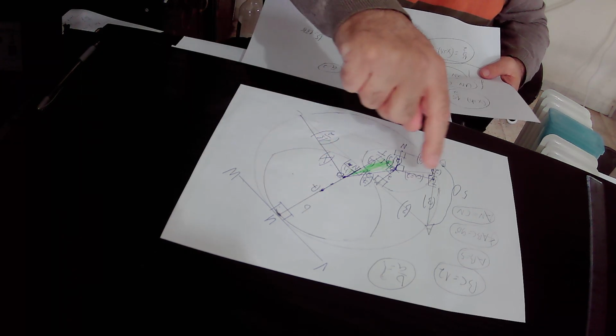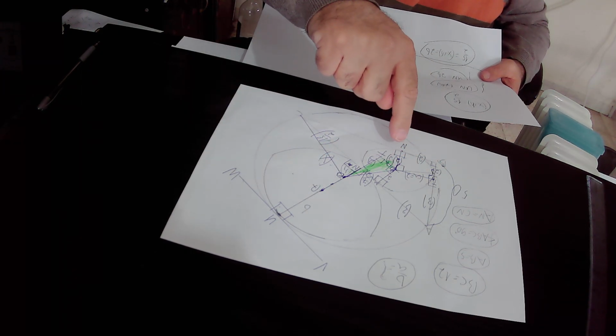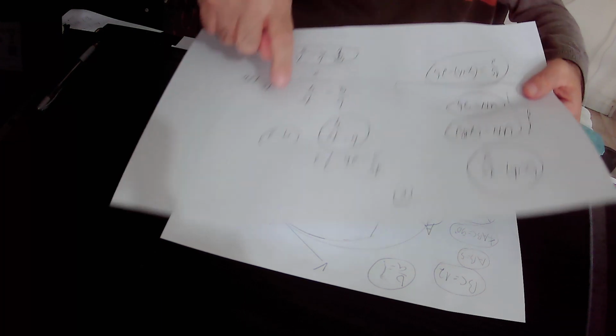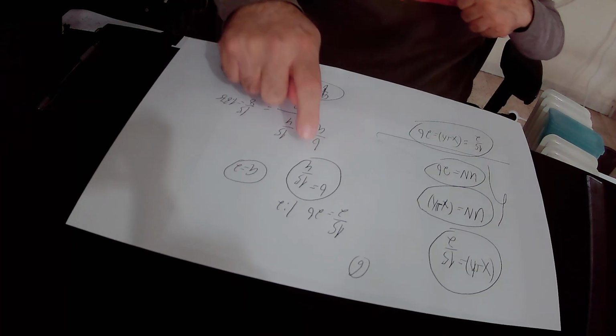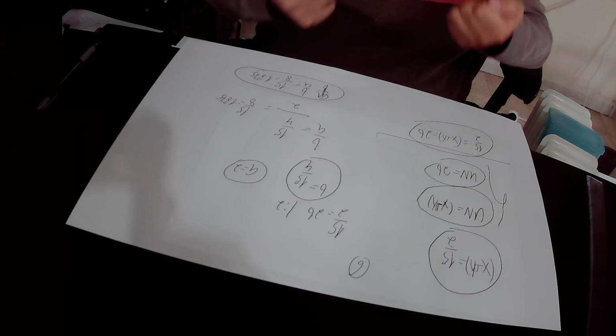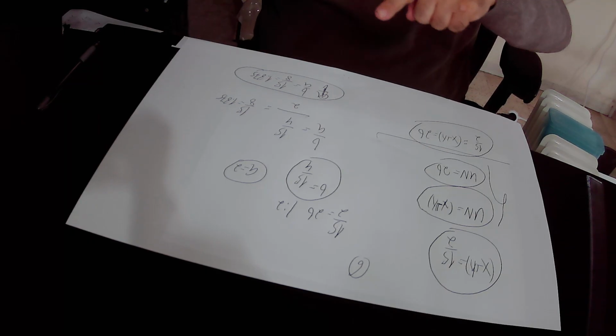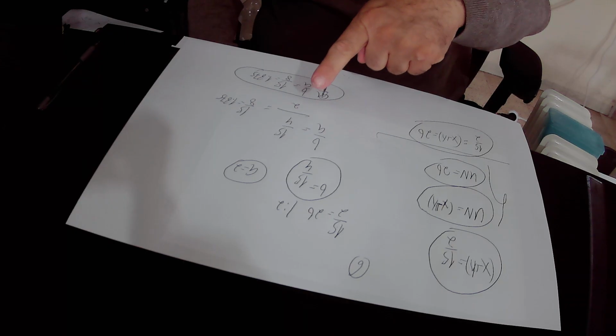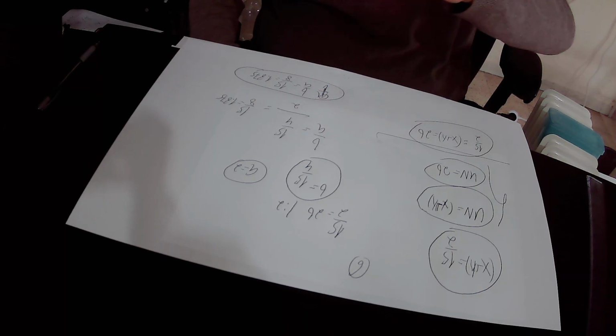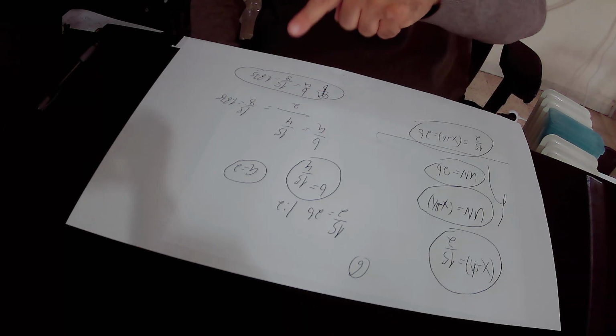And we have already found that the radius of the smallest circle, a, equals 2. So a equals 2 and b equals 15 over 4. Therefore the ratio b over a, the ratio between the two radii, will be equal to 15 over 4 over 2, which is 15 over 8.